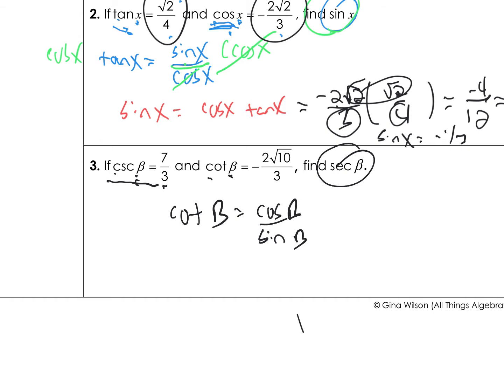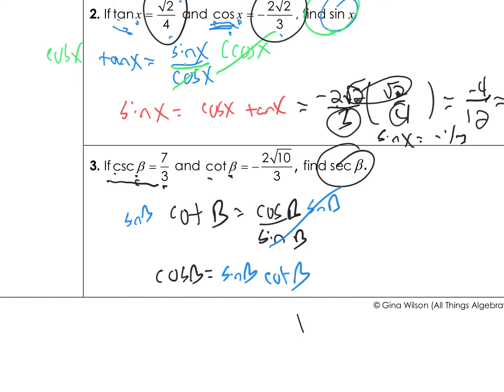Since I'm trying to pull out cosine, I multiply both sides by sine, and sine cancels out. So cosine of beta is sine of beta times the cotangent of beta.